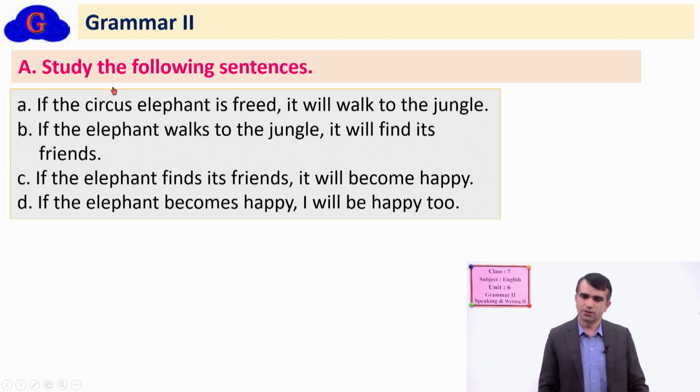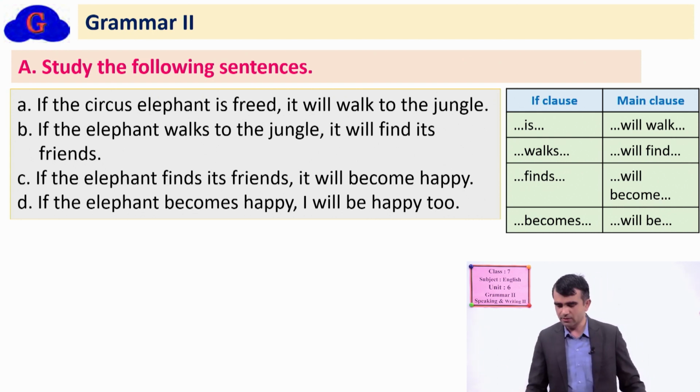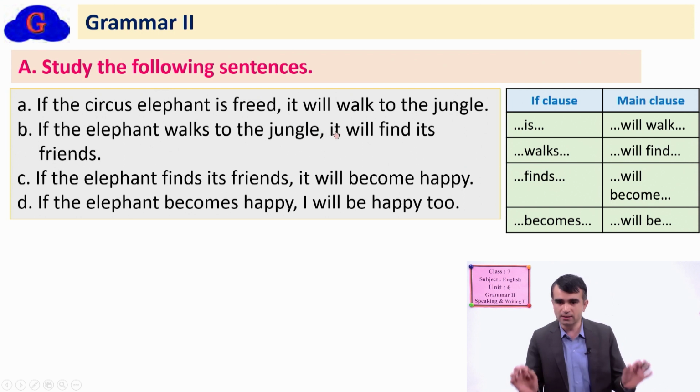Now here you can see if clause and main clause, or you can just call it if part and main part. If part means before the comma, but one thing I want to remind you, the if part may not always come before the main part.